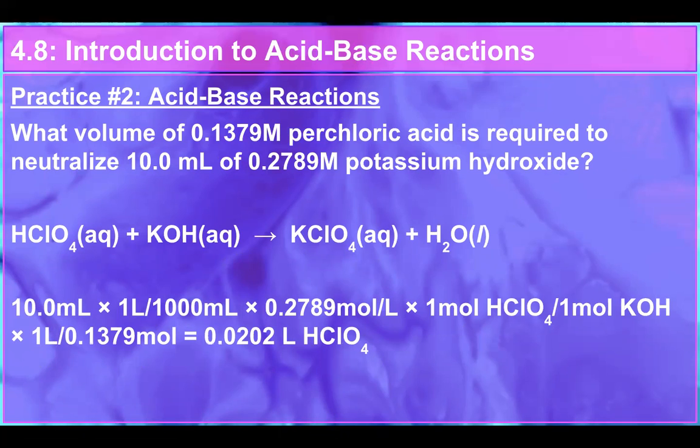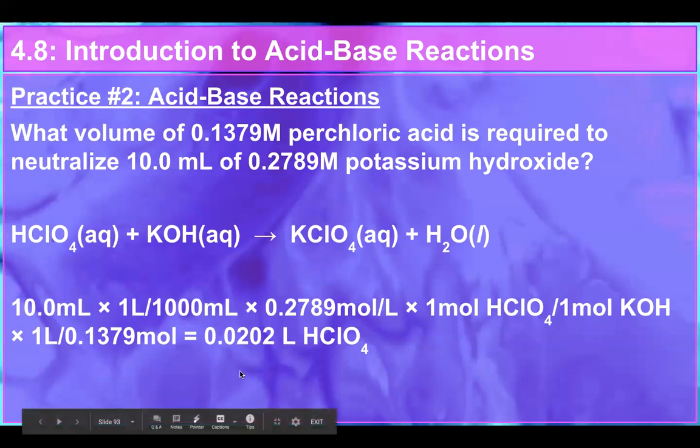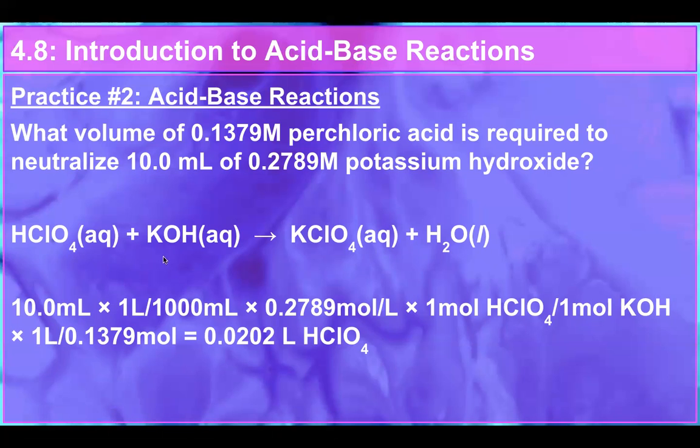Same thing over here. In this case, we just have perchloric acid and we have potassium hydroxide. So perchloric acid, HClO4, and potassium hydroxide, and that will give us potassium perchlorate and water.